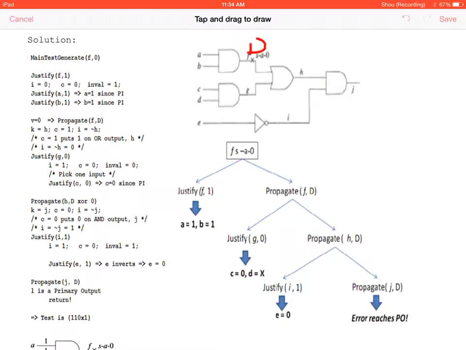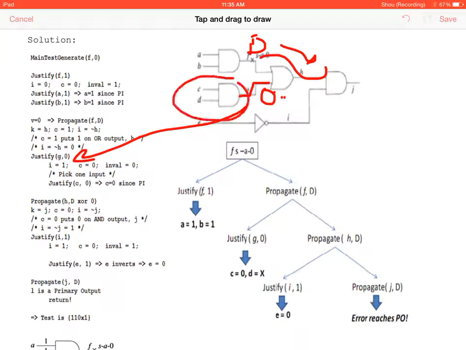So if we have D here, and we want to propagate this to the output, right? That means we would say that this is going to be equal to 0 because we want to ensure that this propagates, right? So then what we're going to do is we're calling justify here.